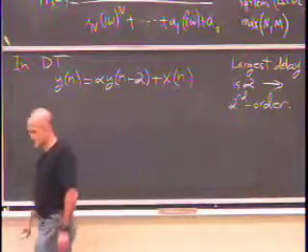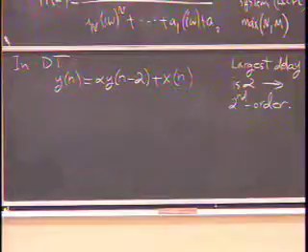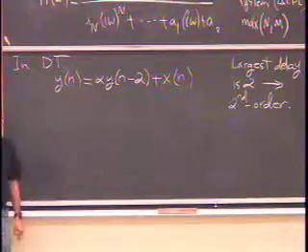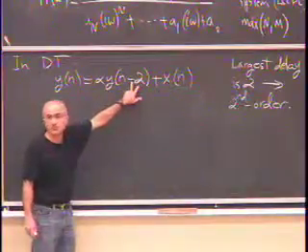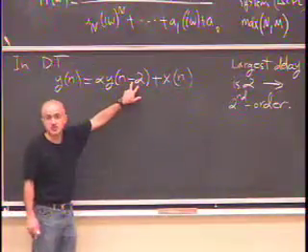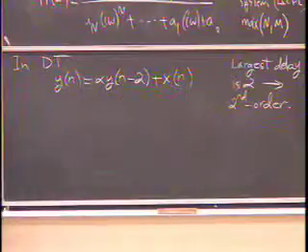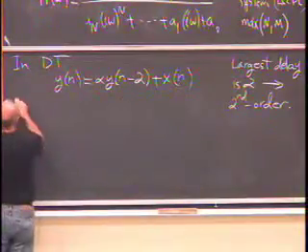Okay? So the number of elements of memory you need determines the order of the system. So in this difference equation, you need 2 unit storage elements, so it's a second order system. Now let's go back to our circuit.